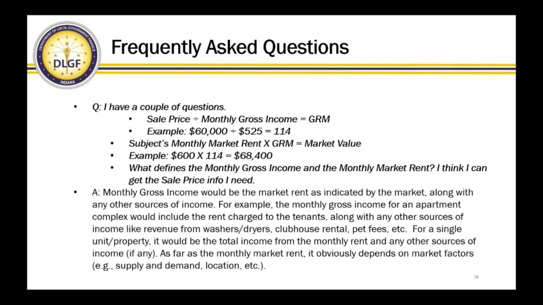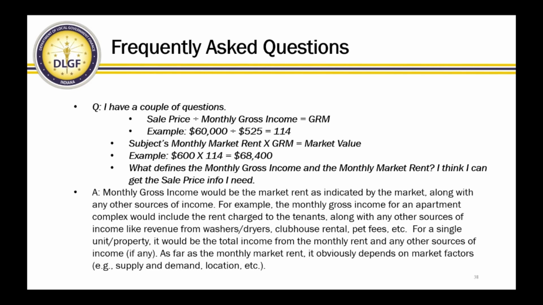The person indicated they could get the sale price info. So monthly gross income would be the market rent as indicated by the market, along with any other sources of income. For example, for an apartment complex, you would think about not only the rent charged to the tenants, but are there other sources of income like revenue from washers and dryers, clubhouse rental, pet fees, things like that.